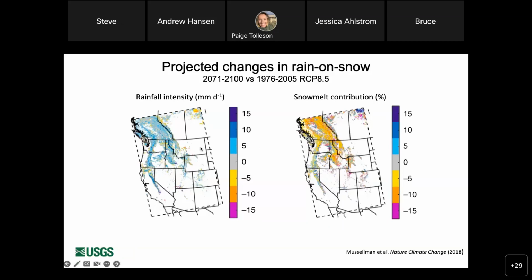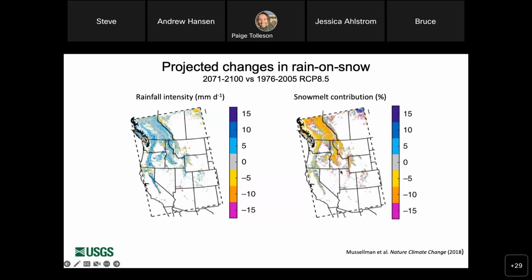On the left here, we have the difference in rainfall intensity at the end of the century versus basically present under RCP 8.5. And what this shows is that over the GYE, there is a mixture of changes. Some intensity is shown to be going down, some intensity is shown to be going up.